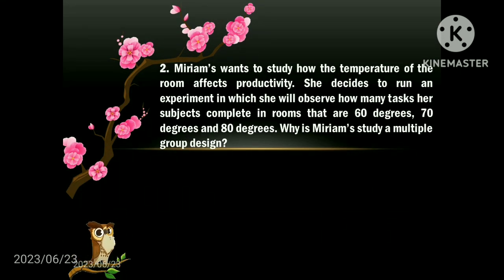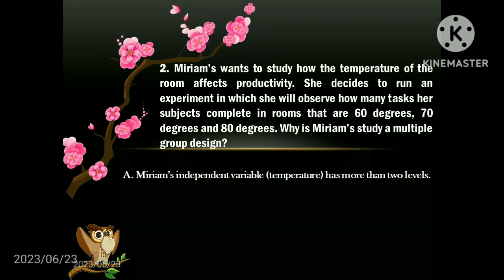Miriam wants to study how the temperature of the room affects productivity. She decides to run an experiment in which she will observe how many tasks her subjects complete in rooms that are 60 degrees, 70 degrees, and 80 degrees. Why is Miriam's study a multiple group design?